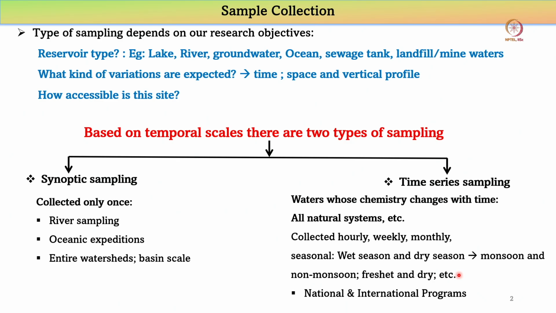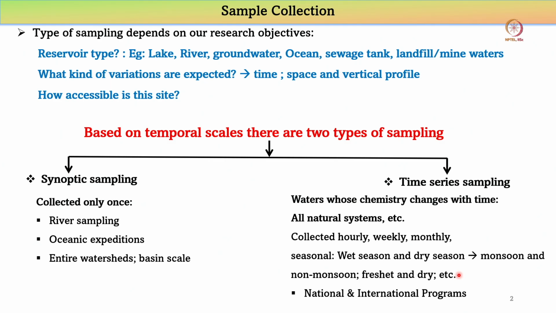So you make a field visit, you maybe collect a few samples. Those pilot scale studies are often synoptic sampling. And maybe based on those first initial data sets, you build a very big project, which may be multiple years or multiple seasons. So based on these synoptic samplings, a long time series sampling can be thought of later on.